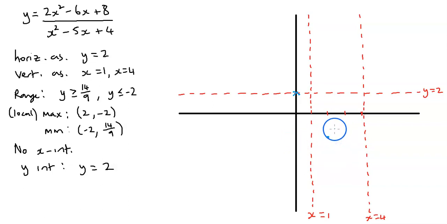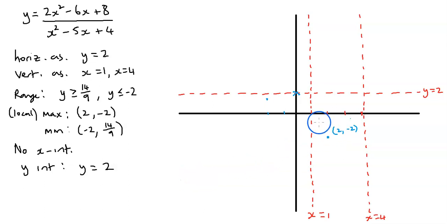So, just label it to be clear, 2, negative 2. And we also have a local minimum when x is equal to negative 2, so negative 1, negative 2, and y is equal to 14 over 9, which is a little bit bigger than 1, which is here.